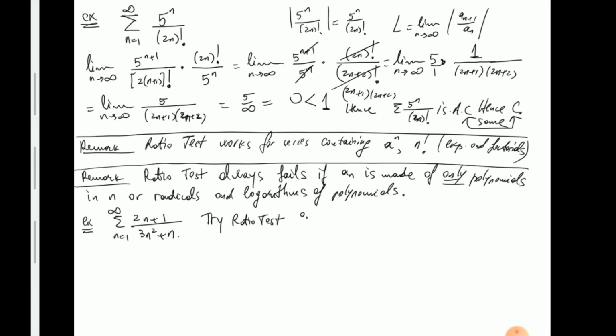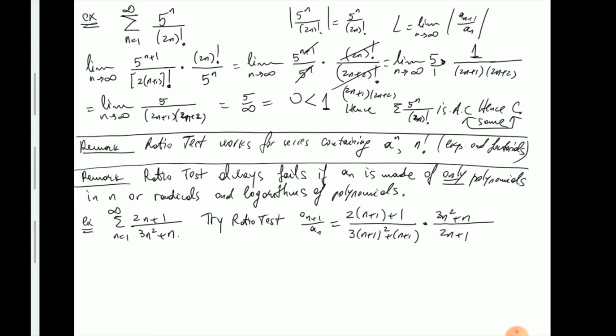Well, a_(n+1), again, these are series with positive terms, I don't have to bother with the absolute value. So a_(n+1) is going to be 2(n+1)+1 over 3(n+1) squared + (n+1), times 1 over a_n, which is going to be (3n squared + n) over (2n+1).